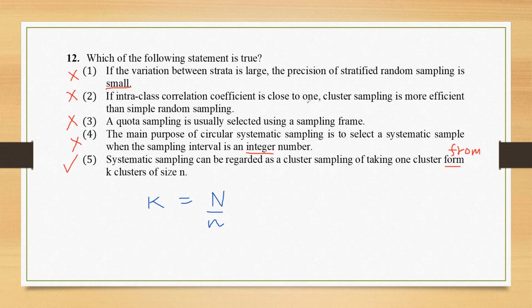From each sampling interval, we select one item. For that, from the first sampling interval, we select one item randomly. So that is called random start. Assume that the random start is the first item in each sampling interval.